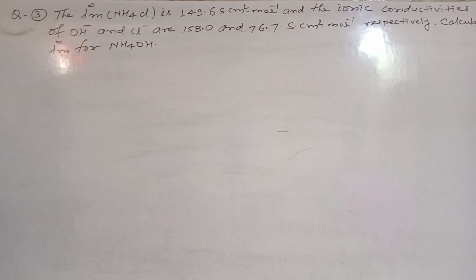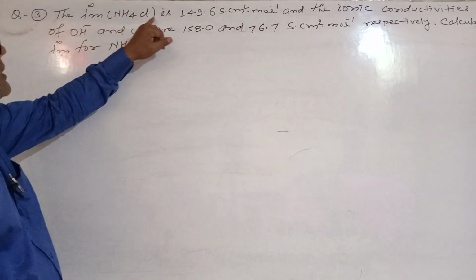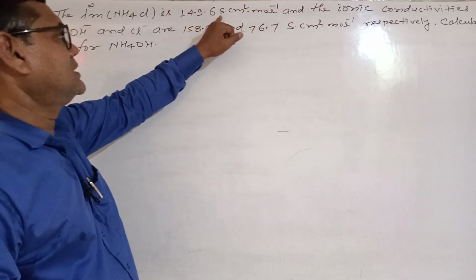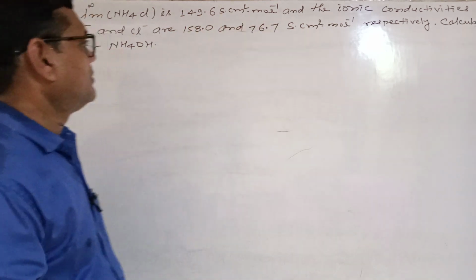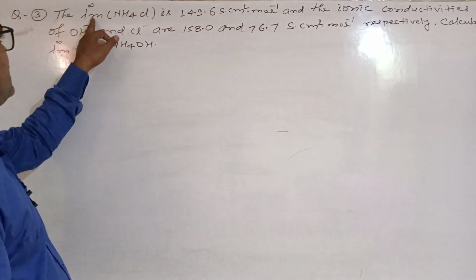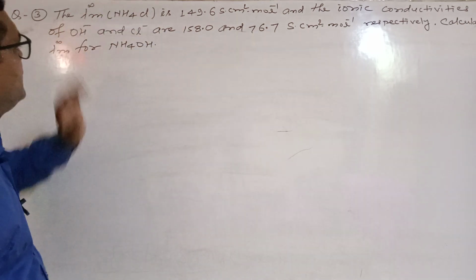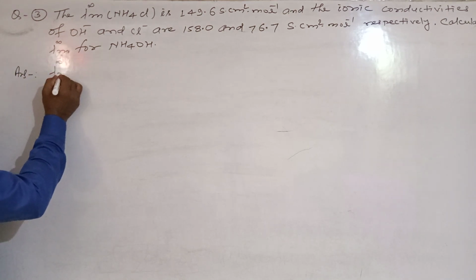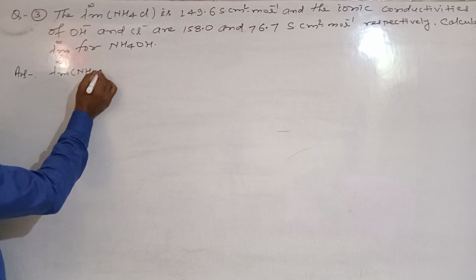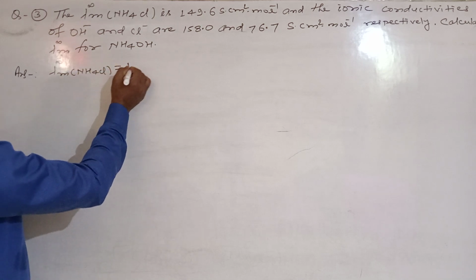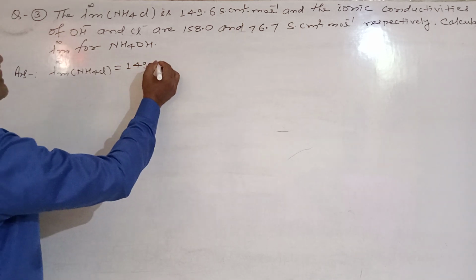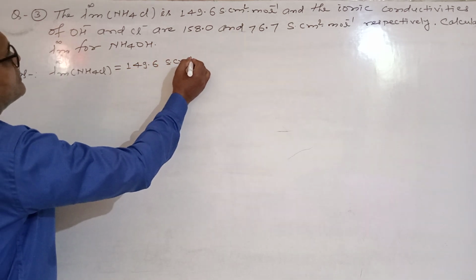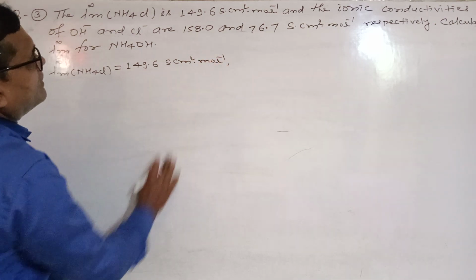The question is: the lambda infinity m of NH4Cl is 149.6 Siemens cm square mole inverse. We write lambda infinity m of NH4Cl is equal to 149.6 Siemens cm square mole inverse.